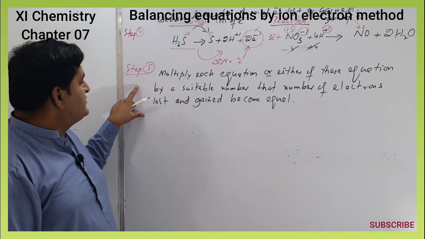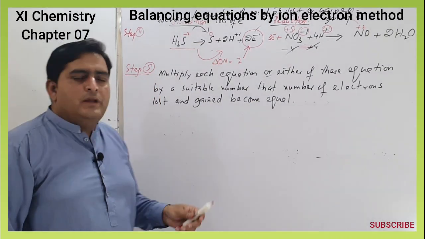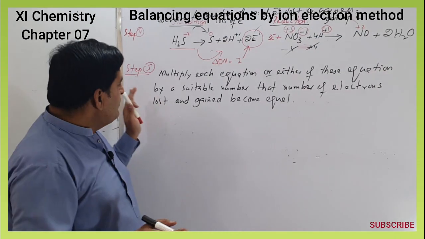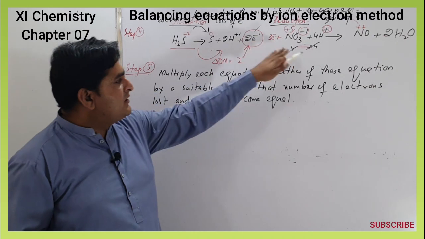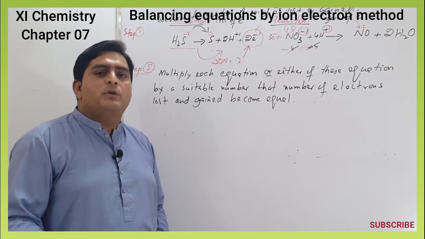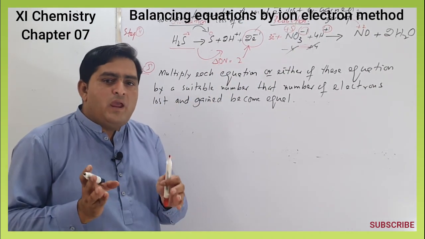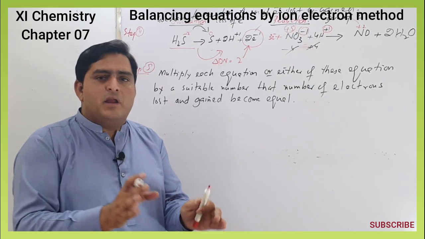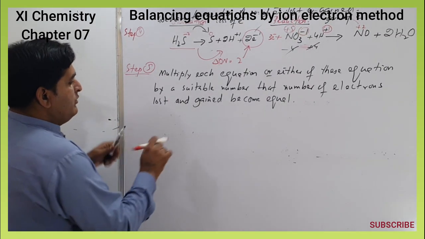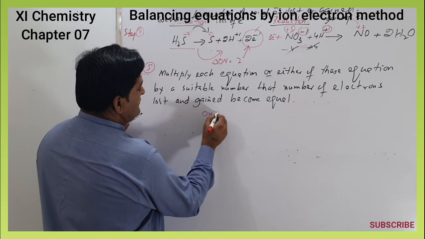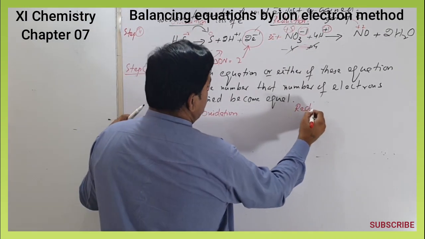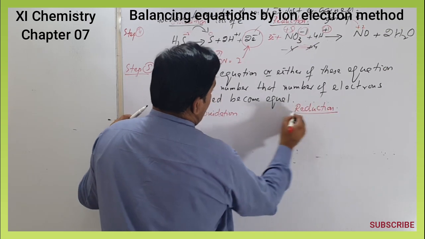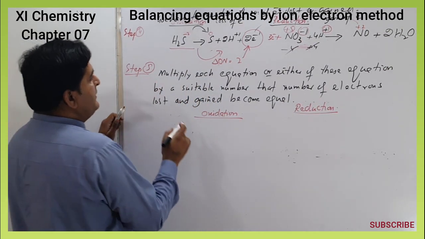This is done in step number 5, which is the last step. What we do is multiply either the oxidation or reduction reaction, or both, by suitable numbers in order to make the number of electrons lost or gained equal. So look here: this is oxidation, and this one is reduction. In oxidation, what happens?